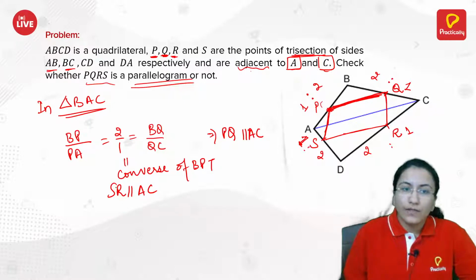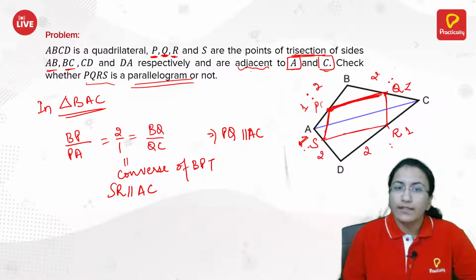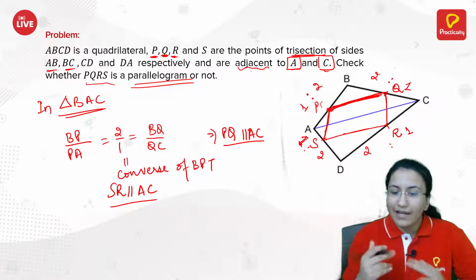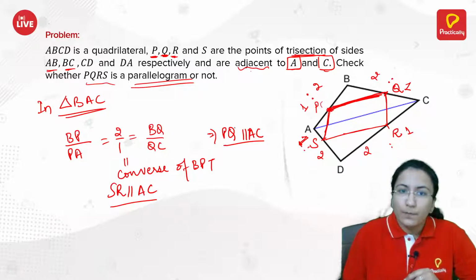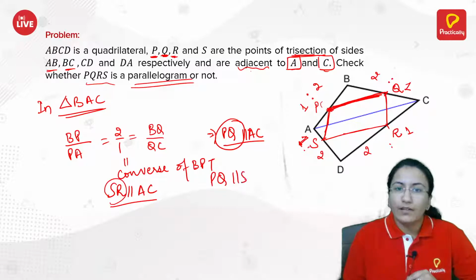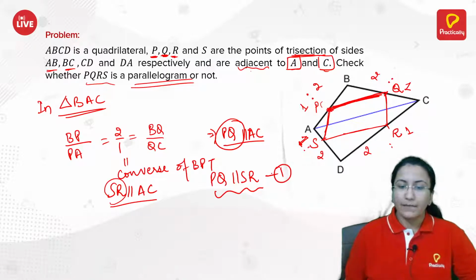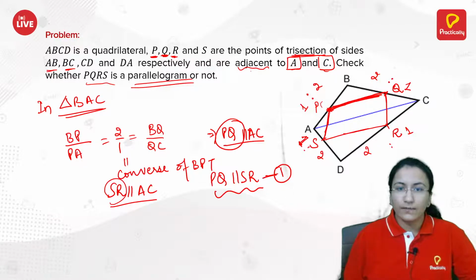So SR is parallel to AC and PQ is parallel to AC. If two lines are parallel to the same line, then they are parallel to each other. So PQ would be parallel to SR. This is the first result we have got. Everyone got the proof for this first result, PQ is parallel to SR.